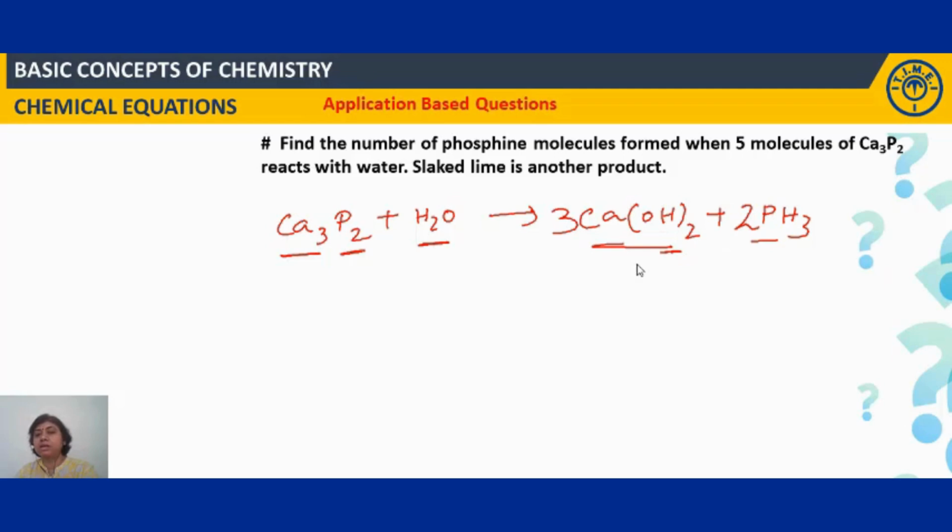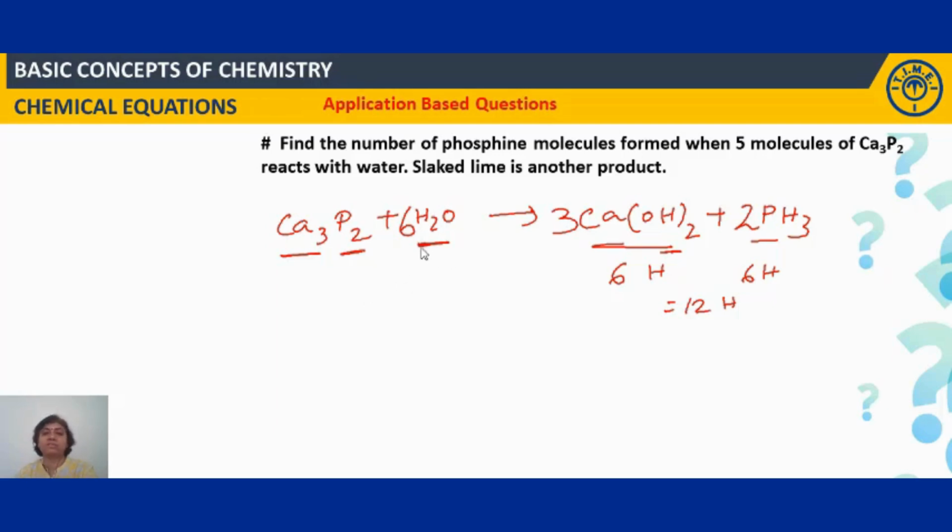So 3 molecules of calcium hydroxide, there will be 6 hydrogen atoms. In phosphine, in one molecule there are 3, so 2 molecules, 3 twos are 6. So 6 plus 6 is equal to 12 hydrogen atoms. So I have to make it 12 left hand side also. How will I do it 12? If I write 6, then 6 twos are 12. Done. So our calcium, phosphorus, hydrogen atoms are balanced.